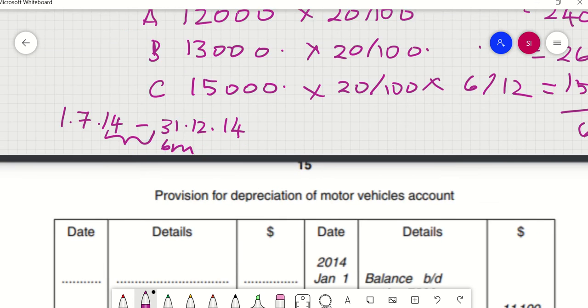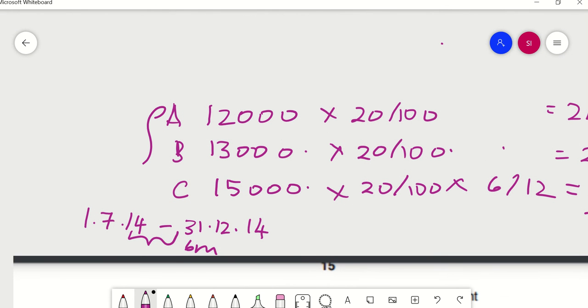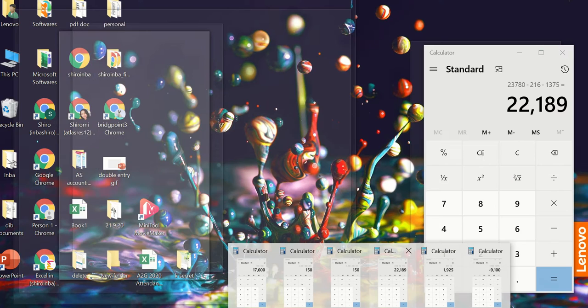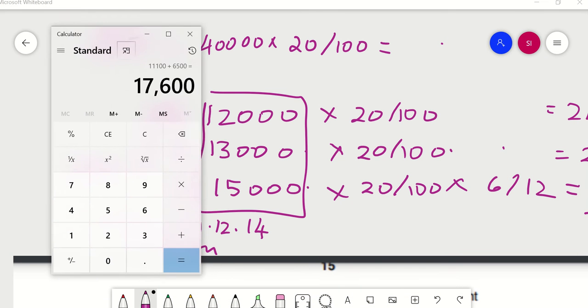Now this is for the year 2014 we calculated. But remember children, for 2015 you can take the total of all these, which gives you 40,000, and directly calculate 20% of it because it's there with you for one financial year.